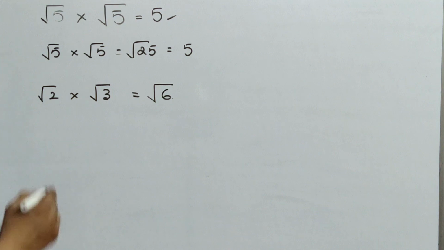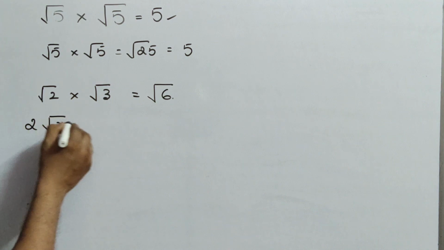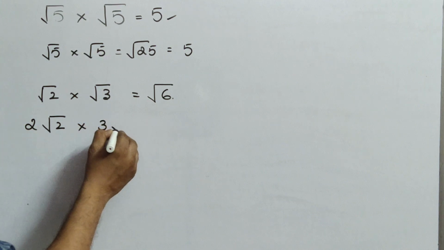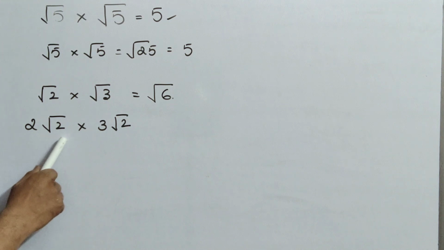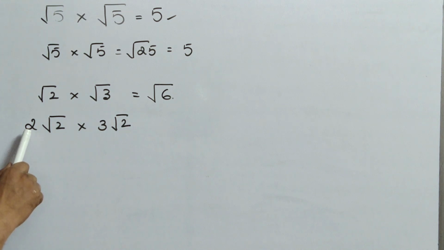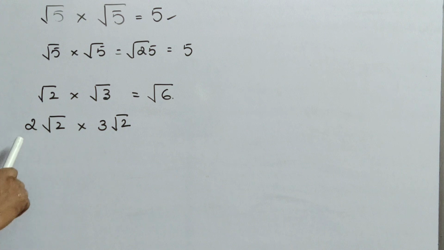That's all. Next, suppose you get 2 root 2 into 3 root 2. I am telling you where you all will commit a mistake: here only. Be very careful while solving the problem. 2 root 2 into 3 root 2. Okay.